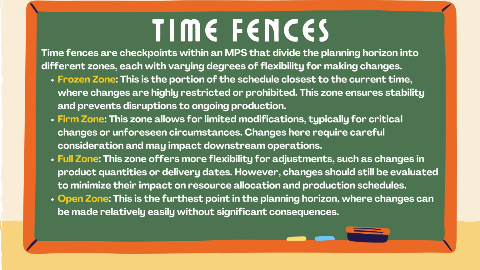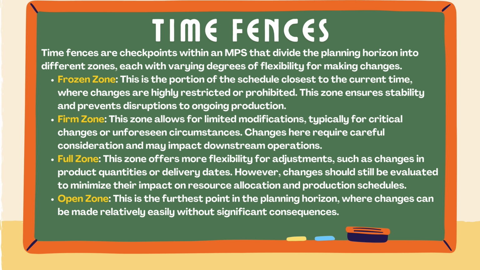2. Firm zone. This zone allows for limited modifications, typically for critical changes or unforeseen circumstances. Changes here require careful consideration and may impact downstream operations. 3. Flexible zone. This zone offers more flexibility for adjustments, such as changes in product quantities or delivery dates.